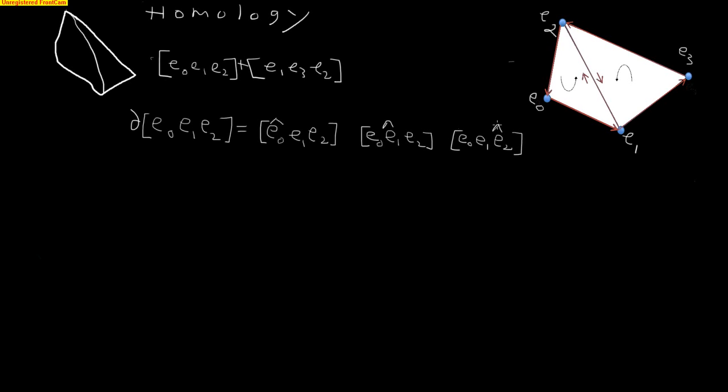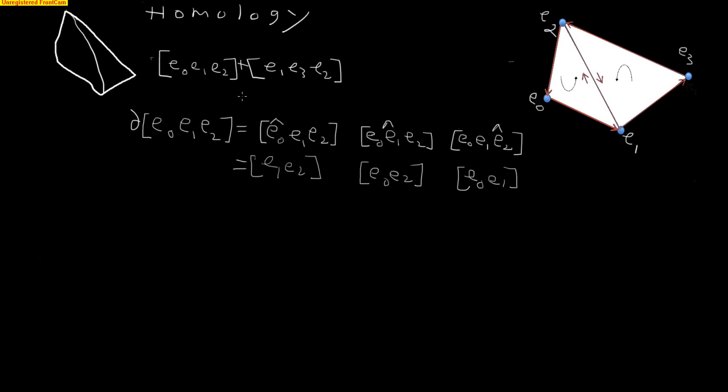So this hat means we are going to eliminate the first, and then the second, and then the third vertex. So what do we get? For this, if you eliminate it, we get E1, E2. Here we get E0, E2. And here we get E0, E1.